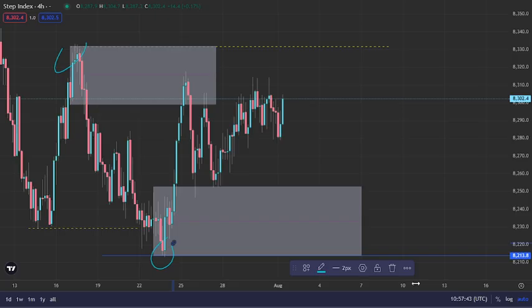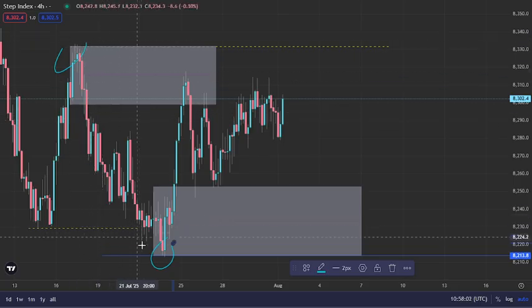That's why it is a probability game. There's a higher probability, although anything can happen and each moment in the market is unique.